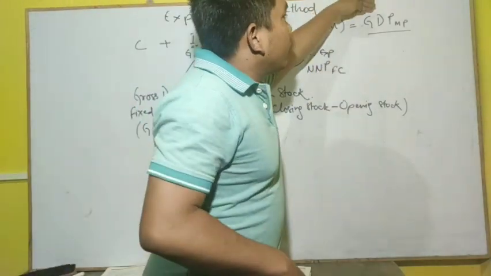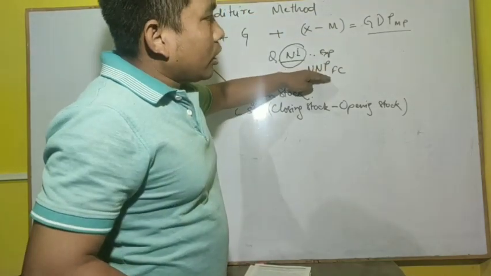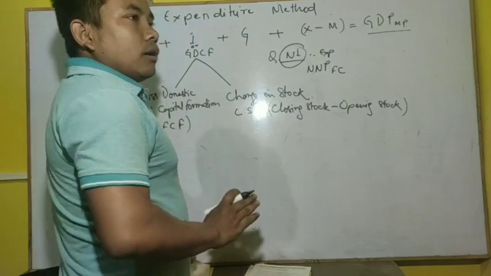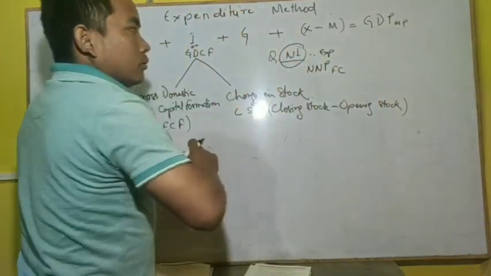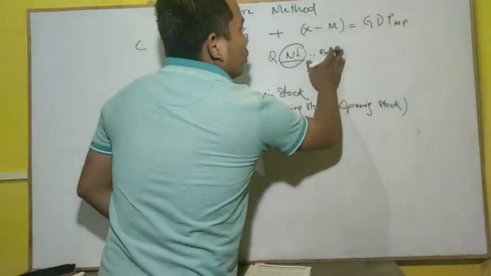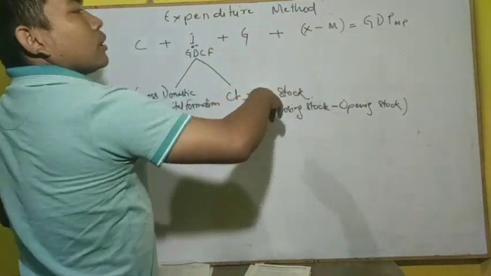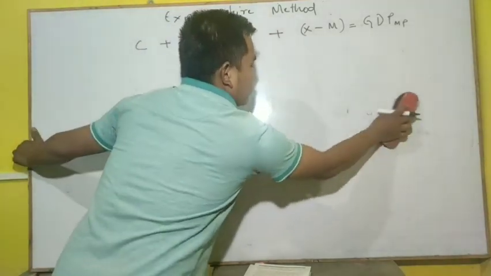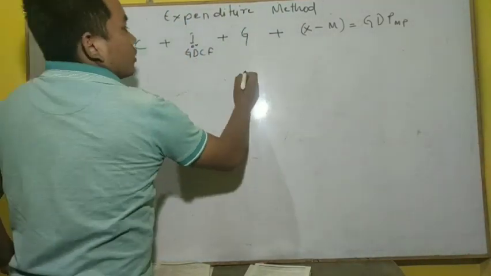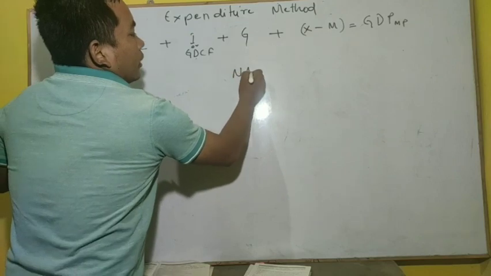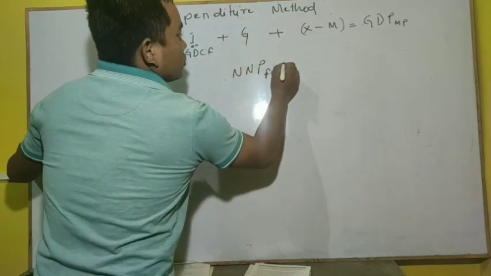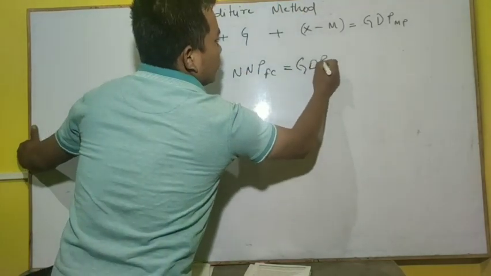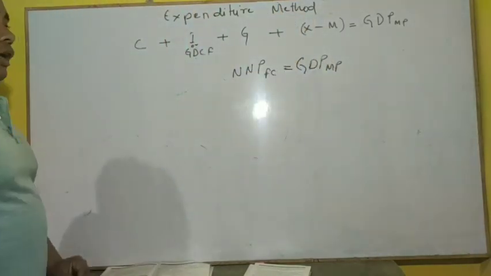But how do we convert this gross domestic product into net national product, which has already been covered in my first video? Anyway, as a revision, I will tell you this. We need to find net national product at factor cost from the given GDP MP, gross domestic product at market price.